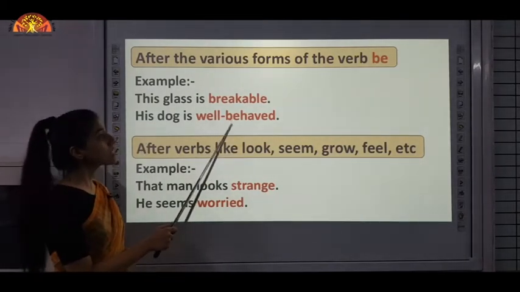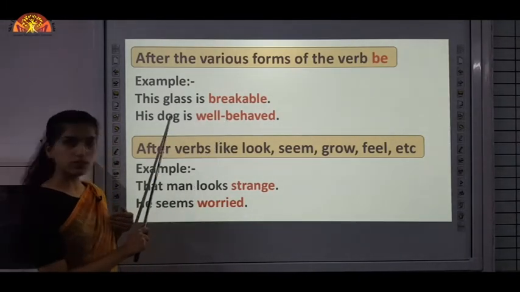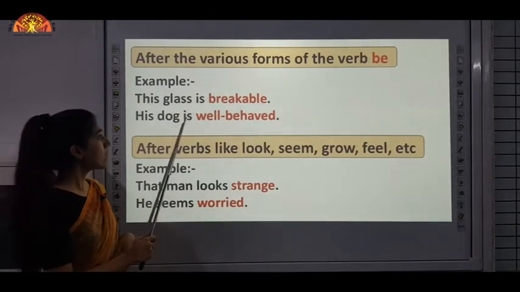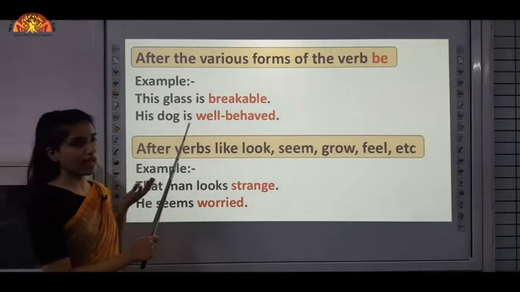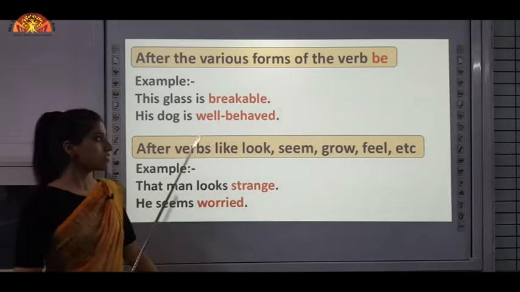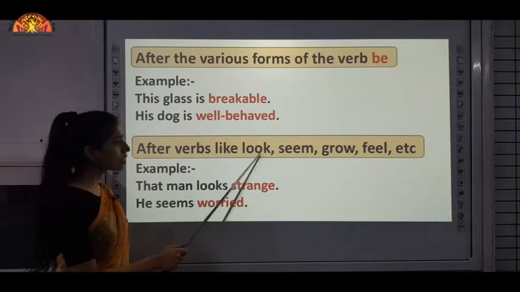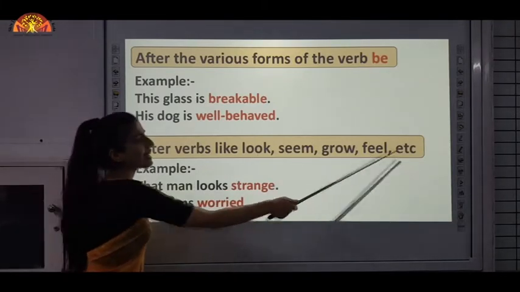Well behaved is an adjective because it is describing the dog, and is is the form of the verb be. So the adjective is placed after the form of the verb be.